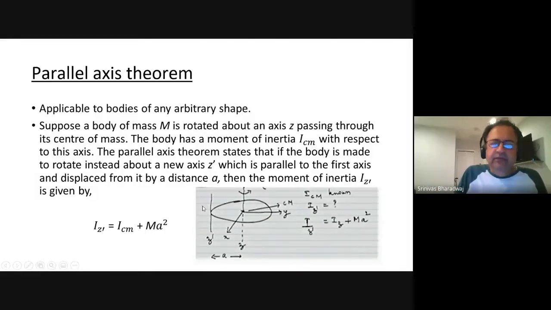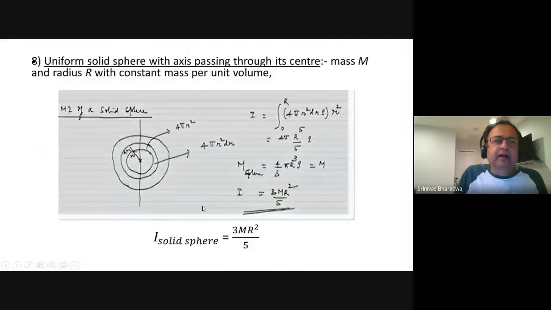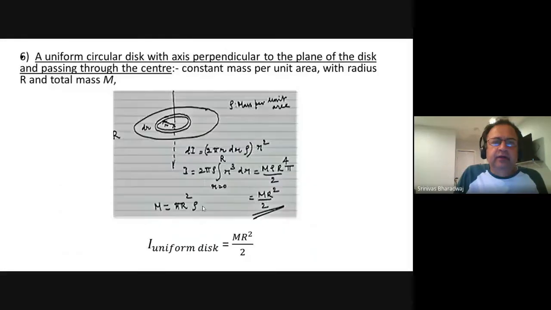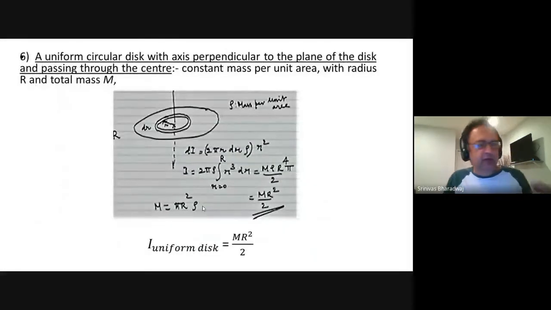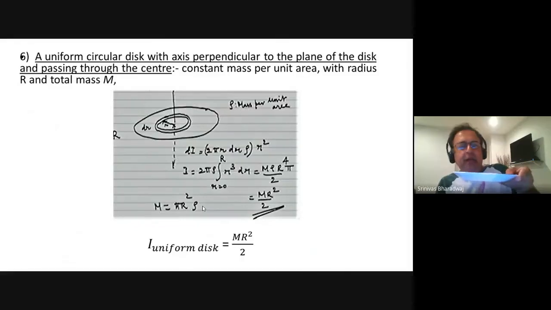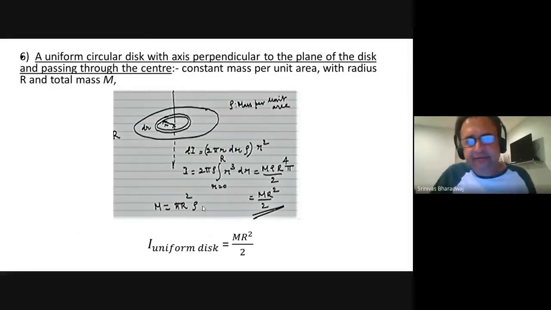Okay, so if you had to get the moment of inertia of a uniform disk, and you rotated the disk like this, then you will have MR square by 2 about the center of mass plus M times R square.